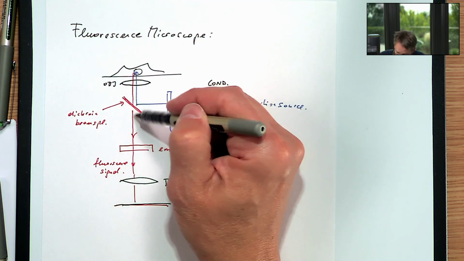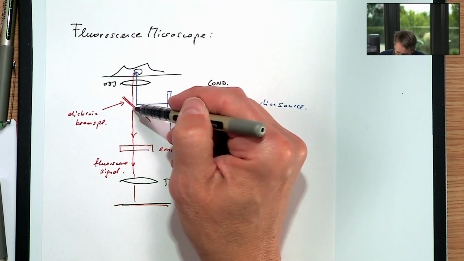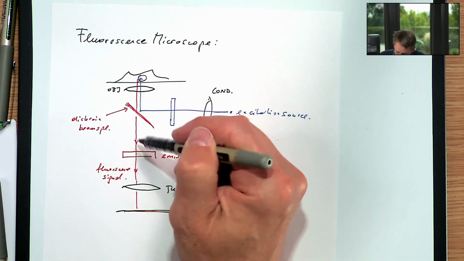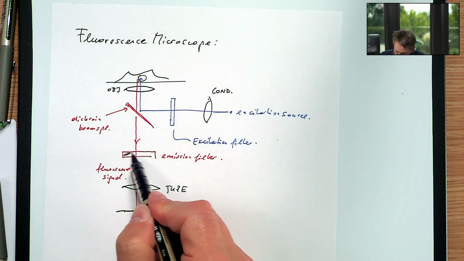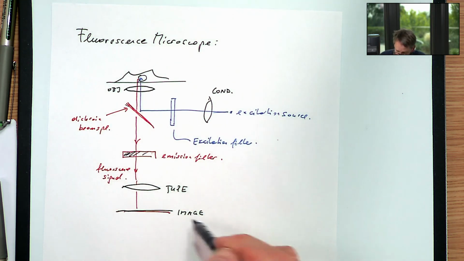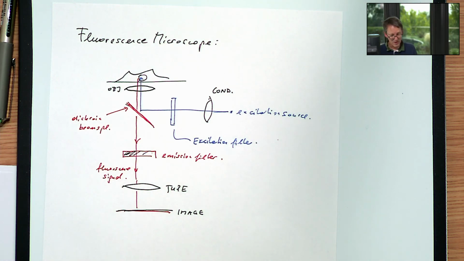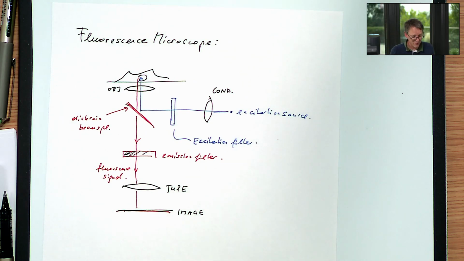But that's now passed through this beam splitter here because it will pass the fluorescence color but not the excitation color. You can further clean up the signal by having this emission filter, and then you get your image that way. And that gives you very high contrast images. And that really is all to it. I mean, so for most of the microscopes, we now just need to know how they work. But before I do that, I'll go back to now my presentation.